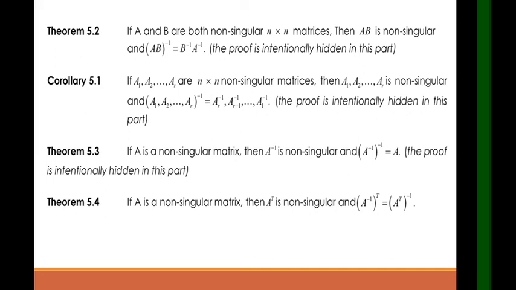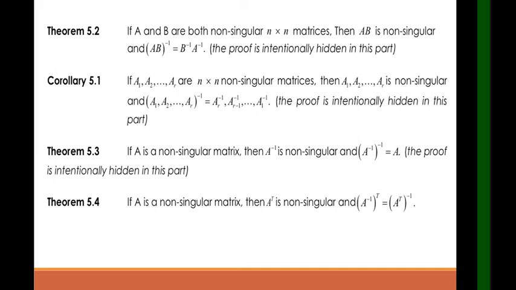Corollary 5.1, if A sub 1, A sub 2, up to A sub R are n by n non-singular matrices, then A sub 1, A sub 2, up to A sub R is non-singular, and the inverse of that product is equal to the inverse of A sub R, the inverse of A sub R minus 1, up to the inverse of A sub 1.